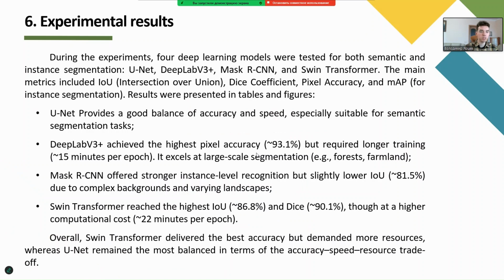During the experiments, four deep learning models were tested for both semantic and instance segmentation: UNet, DeepLabV3+, Mask R-CNN, and Swin Transformer. The main metrics included IoU, dice coefficient, pixel accuracy, and mAP.